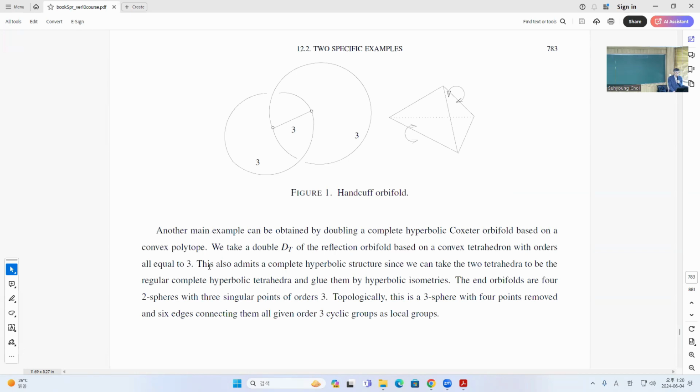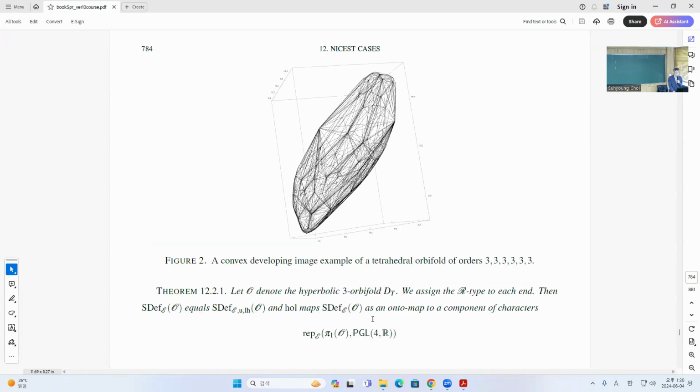Then you can double this orbifold, and you get an orientable orbifold. And the end orbifolds are four 2-spheres with 3 singularities of order 3. So this is a 3-sphere with 4 points removed and 6 edges connecting them, with the cyclic group of order 3 as local group. Okay.